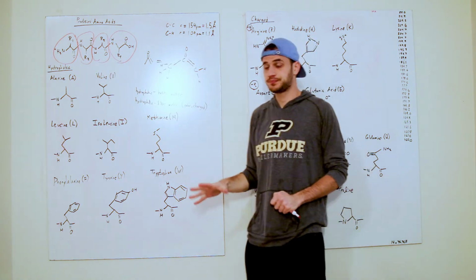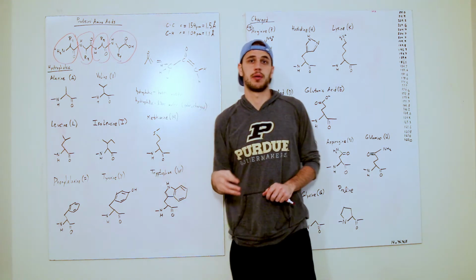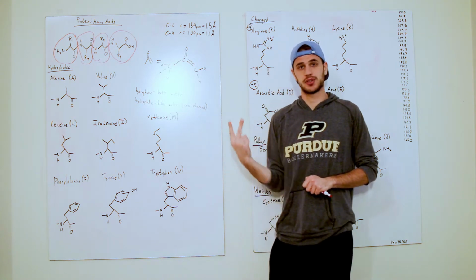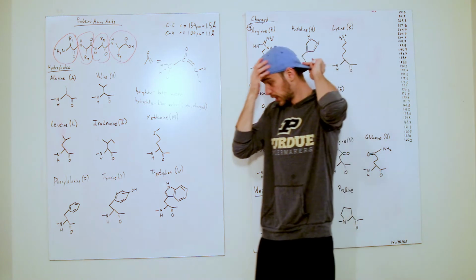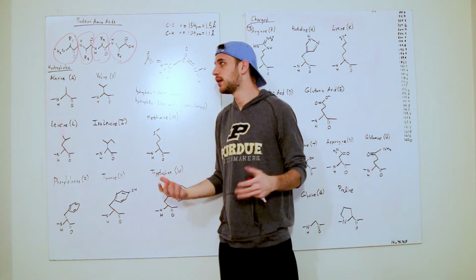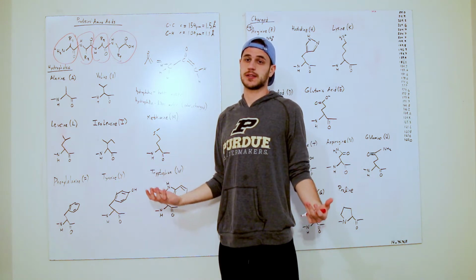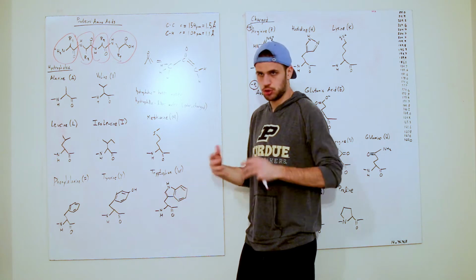In general, carbon bonds with 4 atoms, or it has 4 bonds. Hydrogen has 1, oxygen has 2, nitrogen has 3. If you have oxygen with only 1 bond, it's usually negatively charged. If nitrogen has 4 bonds, then it's positively charged. That's in general what happens.